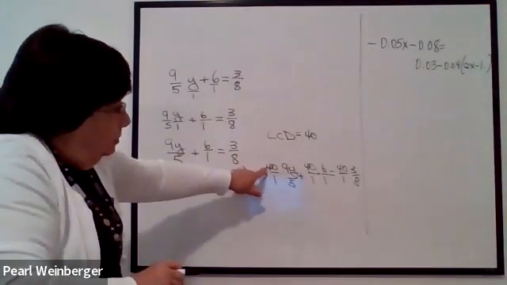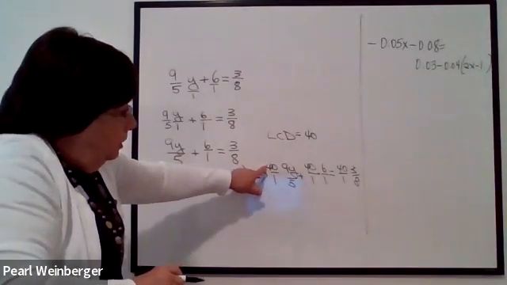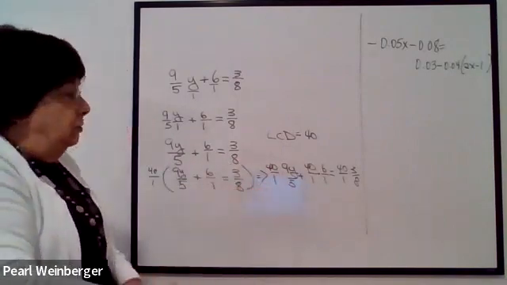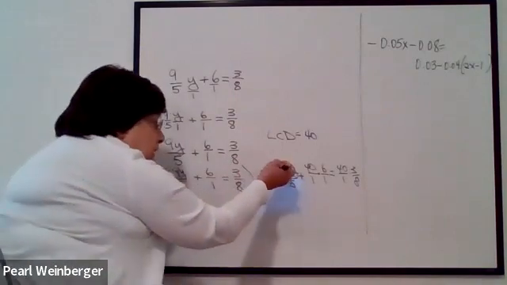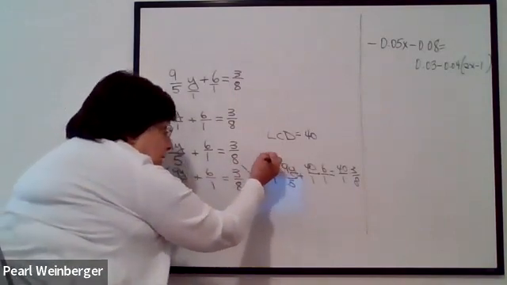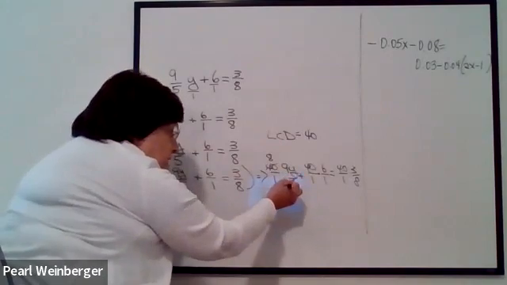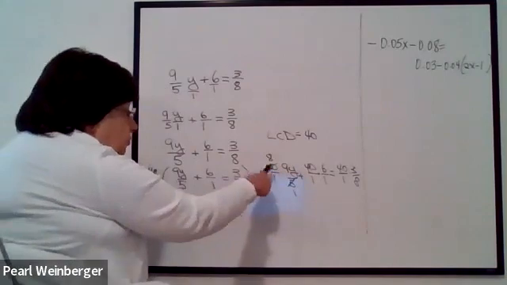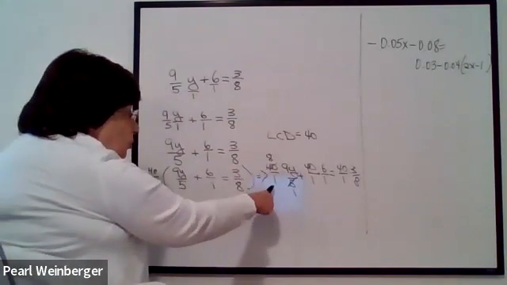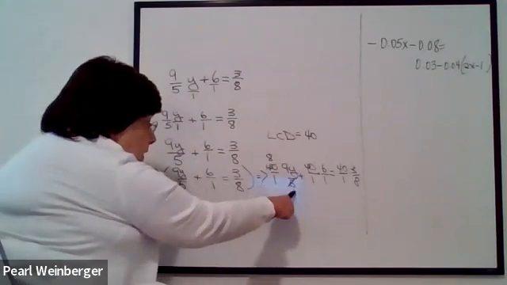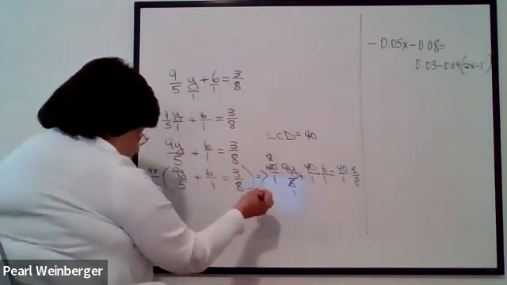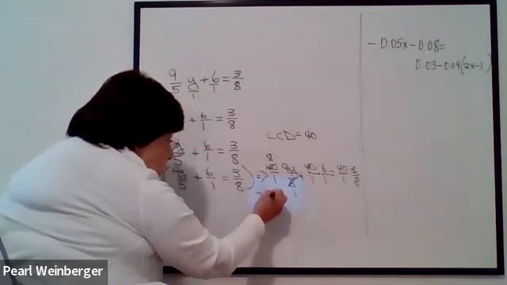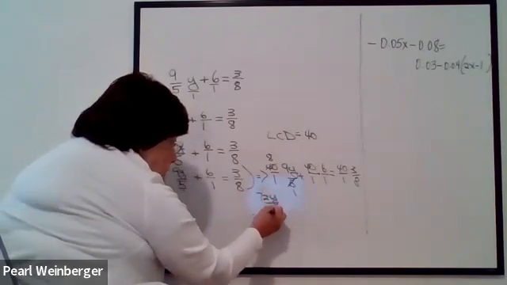In this case, the 40 and the 5 can be cross canceled. If I divide the 40 by 5, I will get 8. And if I divide the 5 by 5, I get 1. So this first fraction becomes 8 over 1 times 9y over 1, which means when I multiply it, I'm getting 72y over 1.